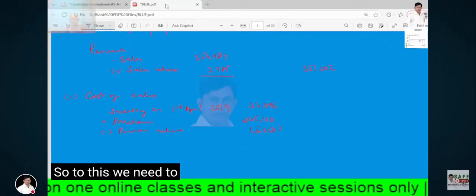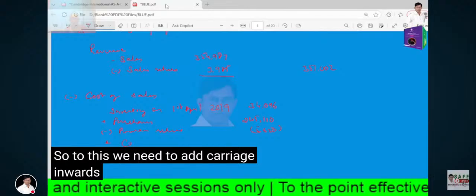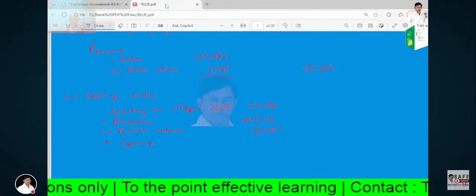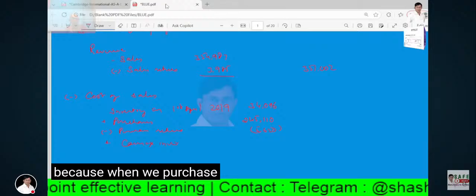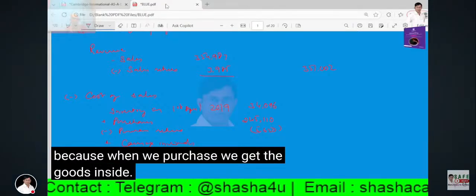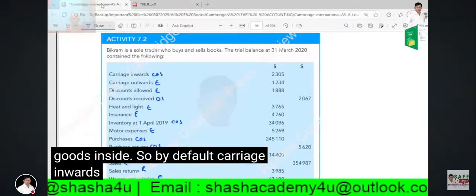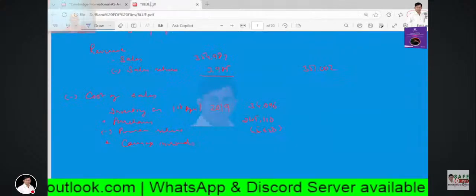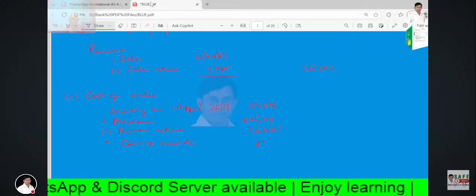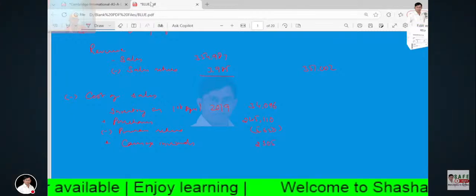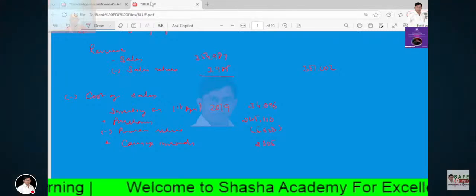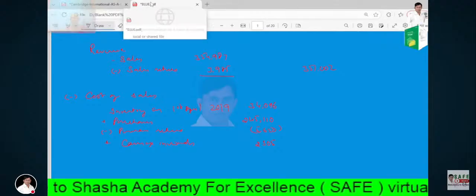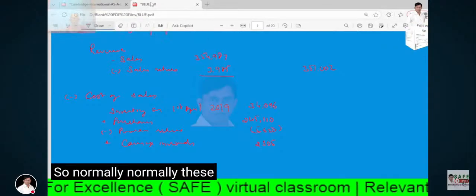To this we need to add carriage inwards, because when we purchase we get the goods inside. So by default, carriage inwards 305. Normally these are the line items.